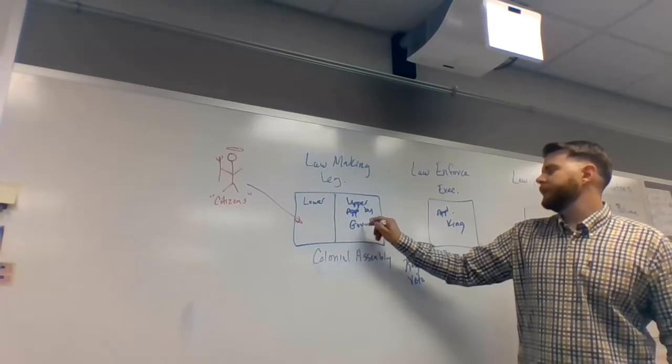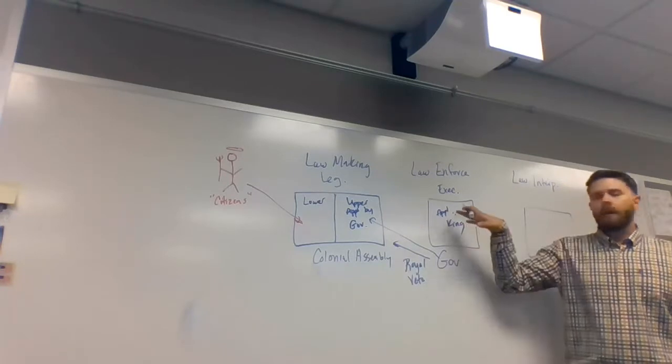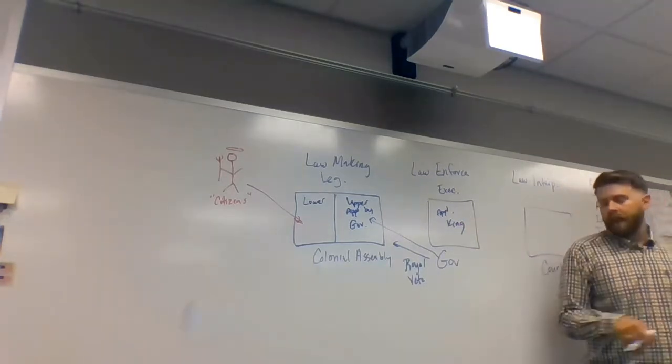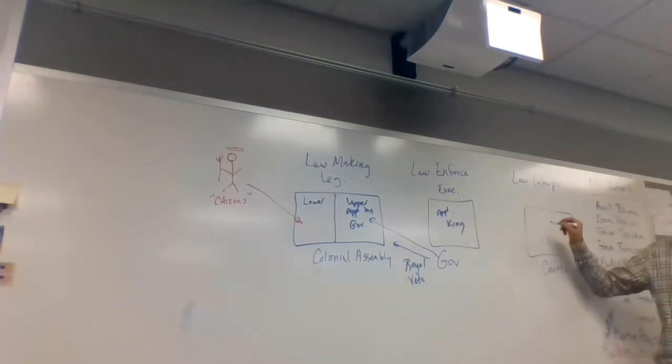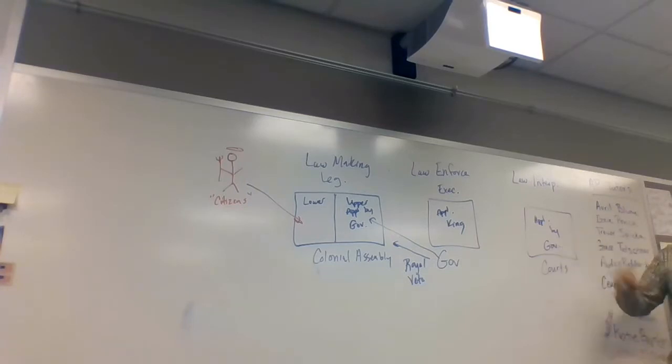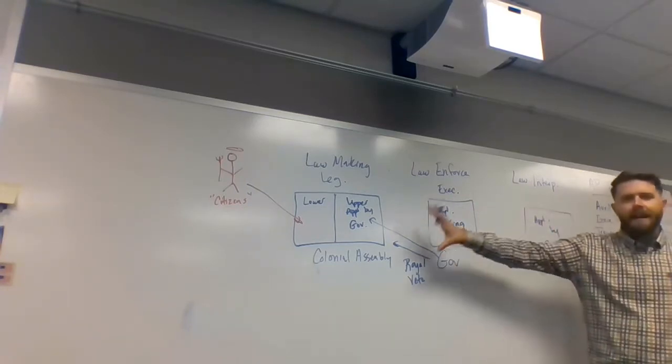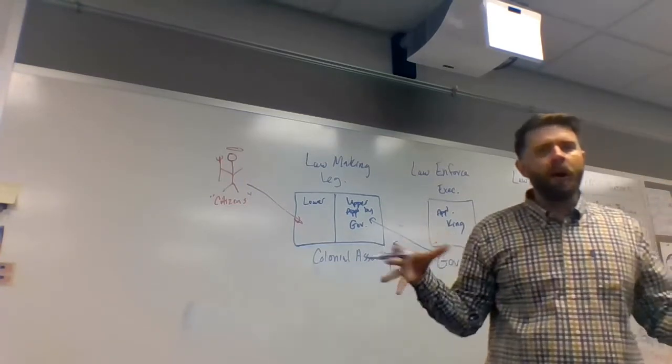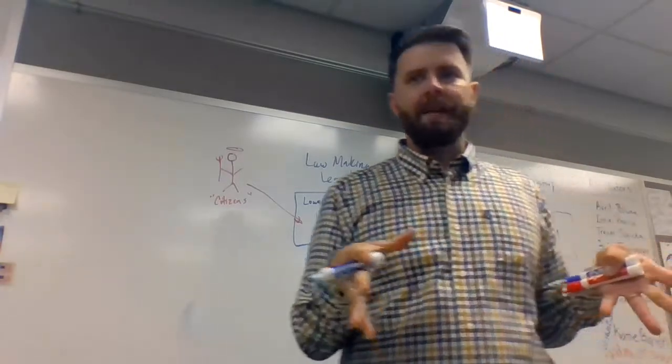So these people were loyal to the governor, loyal to the king, right? And the same was true with the judicial branch, appointed by the governor. So you see, we have two and a half of the three branches all working for the king. Does that make sense?